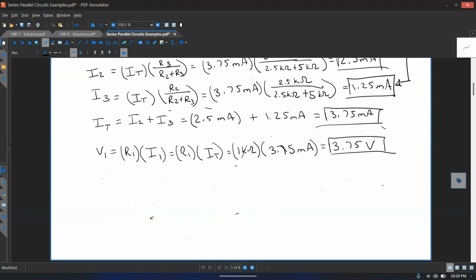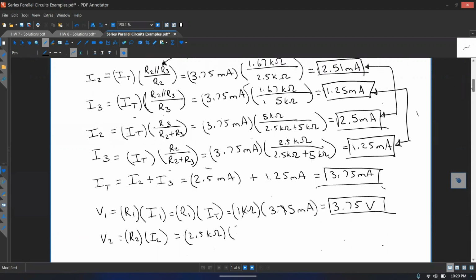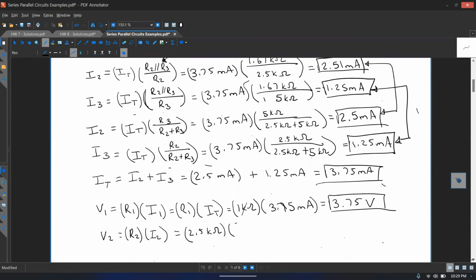All right, so let's find V2. V2 is going to equal R2 times I2. And so R2 is your 2.5 kilo ohms times I2, which is 2.5 milliamps.